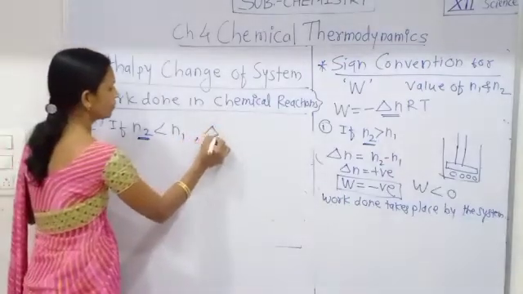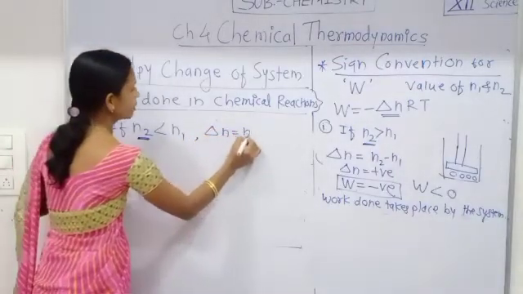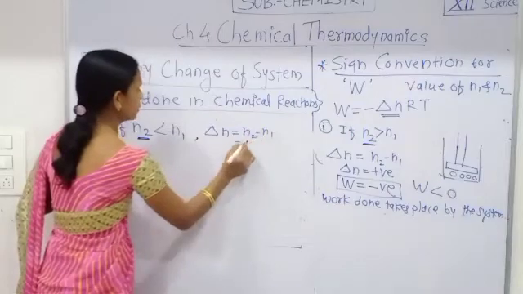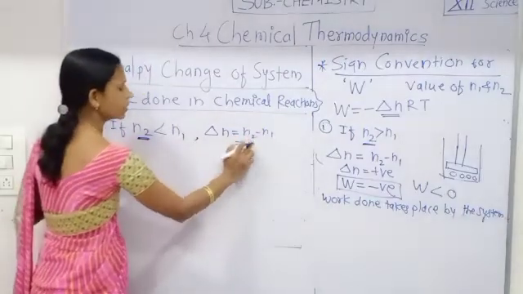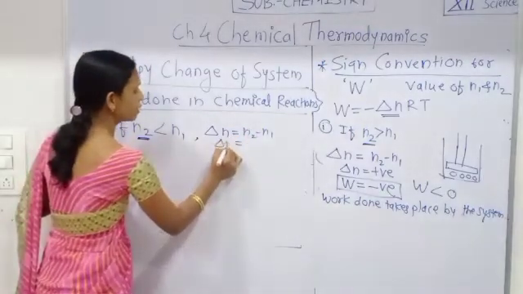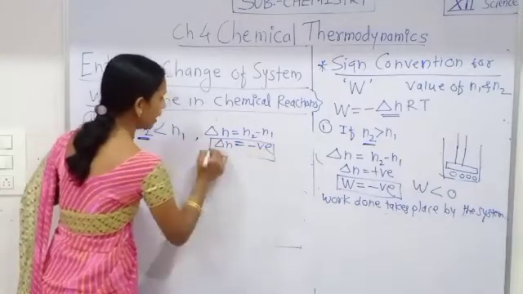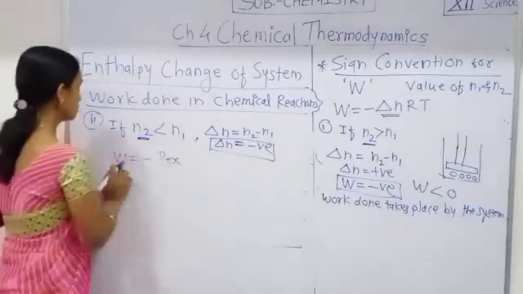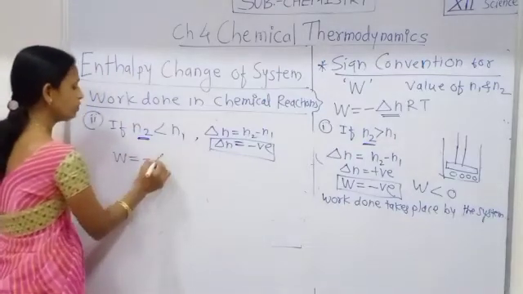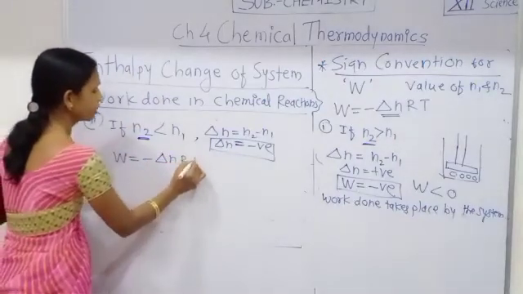Therefore delta N, that is N2 minus N1, where N2 is less than N1, is negative, and as delta N is negative, W is equal to minus delta nRT.